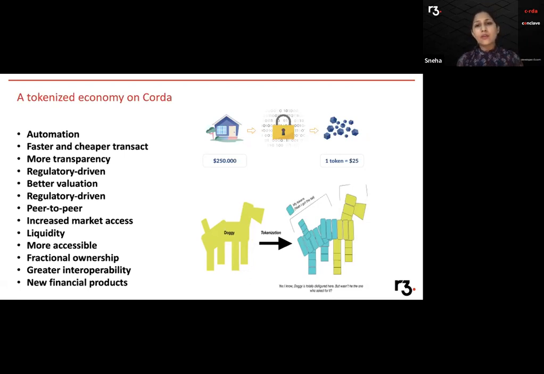With tokens, we are now able to have something like fractional ownership, which you can see in the diagram, of, let's say, art or real estate. This might improve liquidity and transparency for these kinds of illiquid assets. Corda nodes can exchange tokens directly without any intermediaries, allowing transactions to take place globally 24/7.